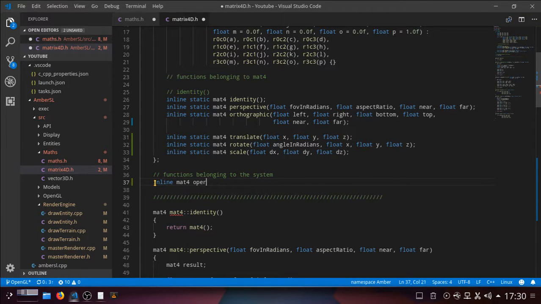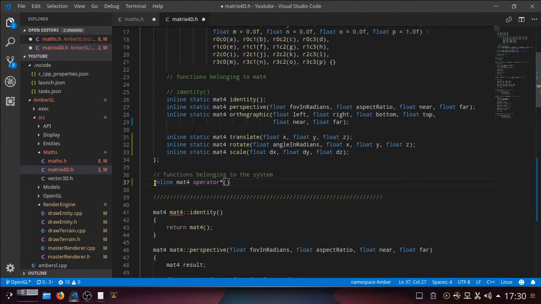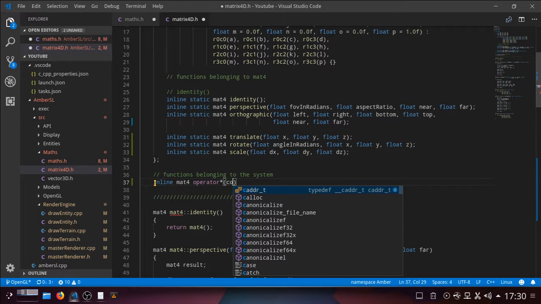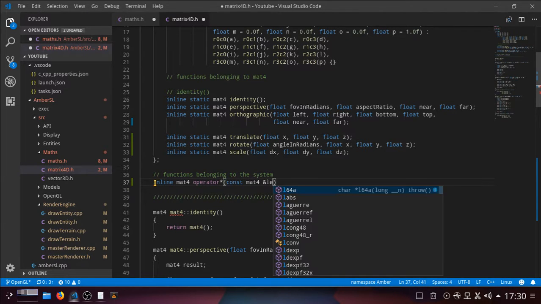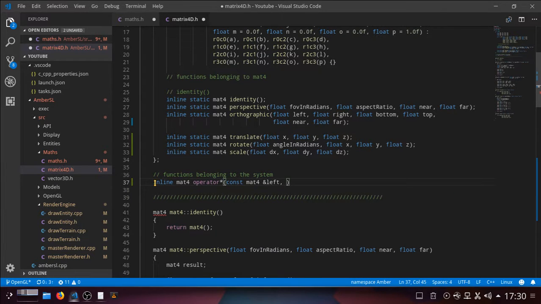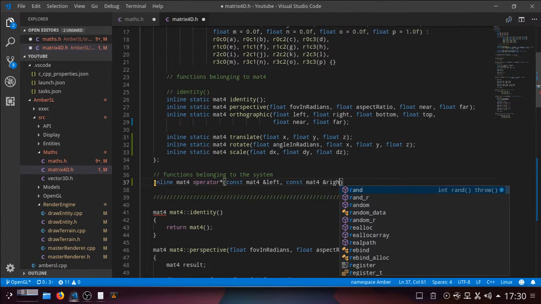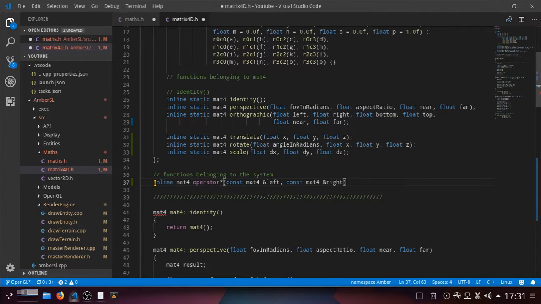And it's going to be the operator star, open brackets, and it's going to be const mat4 and left side of the equation, times a const mat4 and right side of the equation. So left times right. That should do it.